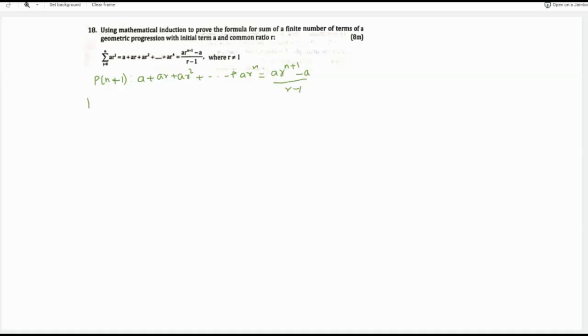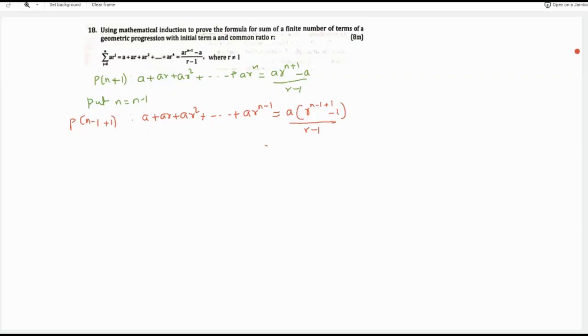So here let me put n equals n minus 1. If you substitute n equals n minus 1, we get P of n minus 1: a plus ar plus ar square plus and so on till ar^(n-1) equals a, which is common. If you take it common, it will be r^(n-1+1) minus 1 divided by r minus 1.